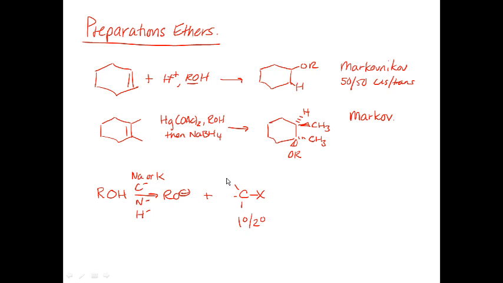So we have to have at least one of these be hydrogen, and then we would have the alkoxide come in and do an SN2 reaction to give us our ether. And this is called Williamson ether synthesis.